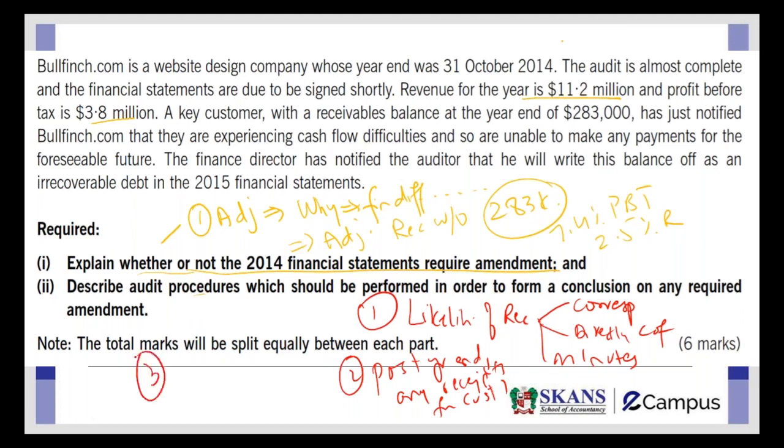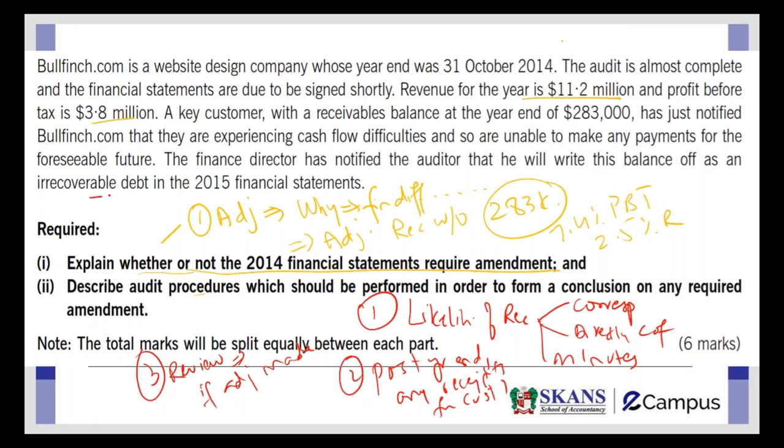And the easy one, whenever you're making an adjustment, you can always talk about review your ledgers or journals to see if adjustment has been made. She sometimes writes, discuss with the management, sometimes review adjustments.